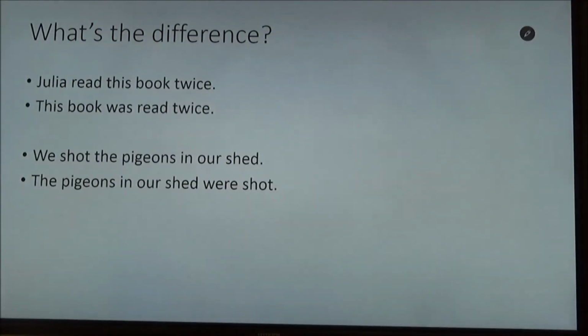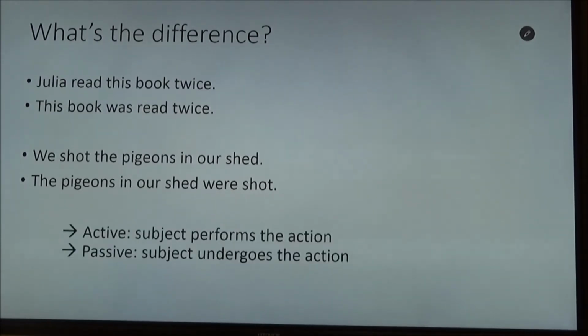Thank you. The same goes for the second set of sentences. In the first one the subject performs an action, and in the second one, the subject undergoes an action. The first sentence is active, and the second one is passive.